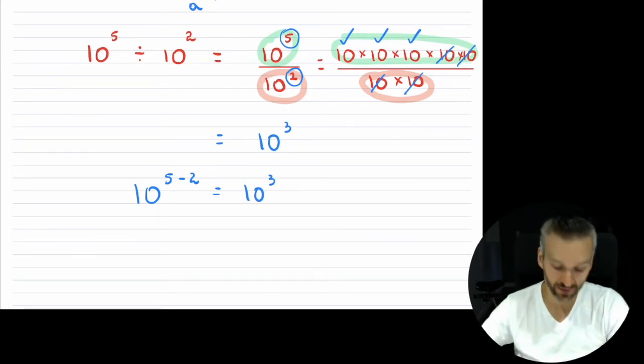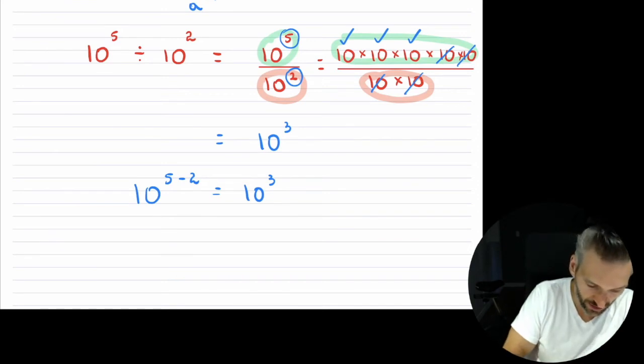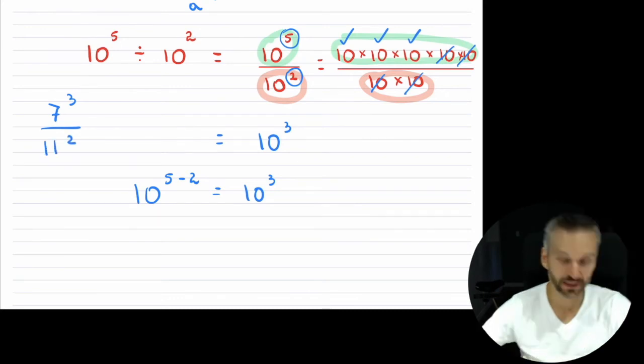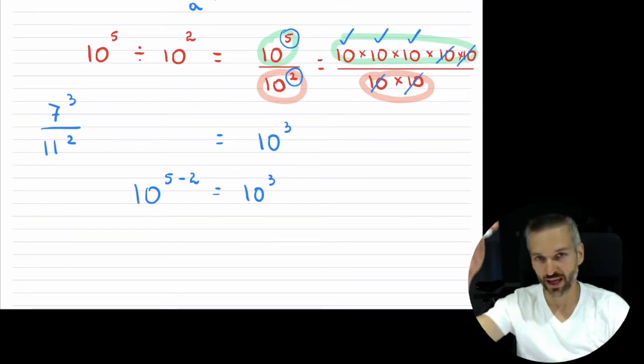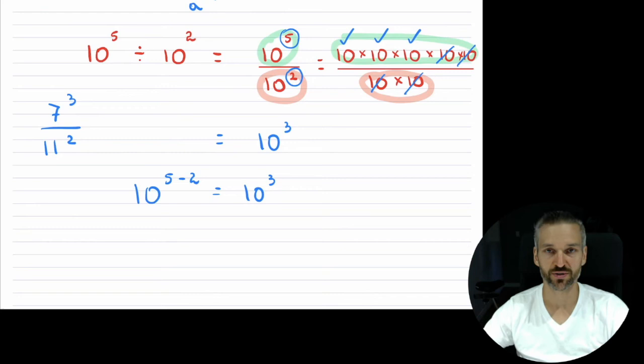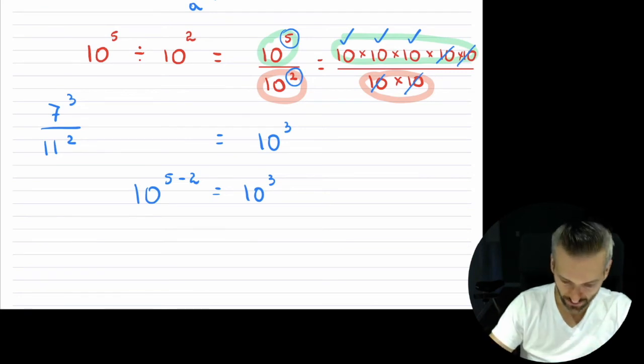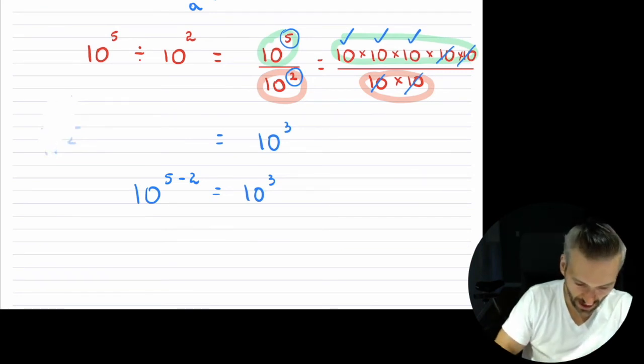All right, and what I mean by the base being the same, please don't get fooled. If you have something like this, and then let's say something like that. In this case, it's not the same base because we have a 7 and an 11, so you can't simply subtract the exponents. All right, so that's what I mean by having the same base.